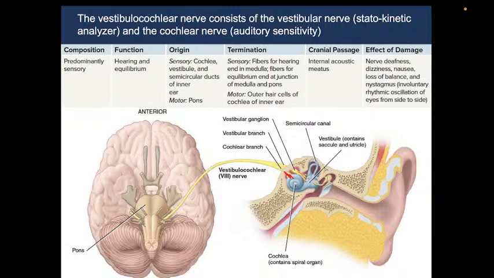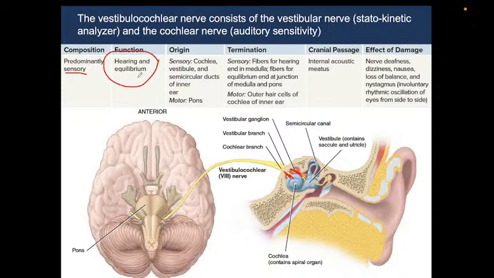It is responsible for auditory sensitivity, and the second part, called the vestibular nerve, is responsible for the statokinetic analyzer. You see that this nerve is a sensory nerve, and the most important functions are hearing and equilibrium.